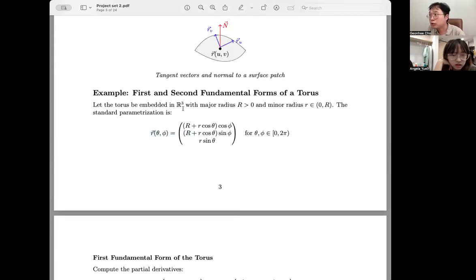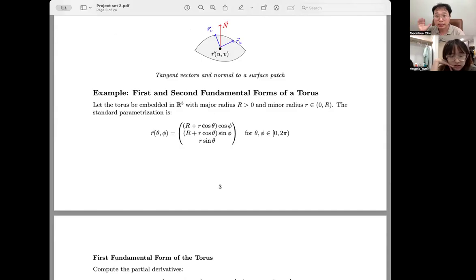Also for the torus, to compare with the sphere, you will do the experiment eventually. This is also a concrete expression of the parameterization on the torus. For each R sub U, V, you have an explicit formula for each component. Let me just repeat: can you also compute E, F, G, R sub U dot R sub U, R sub U dot R sub V, R sub V dot R sub V?